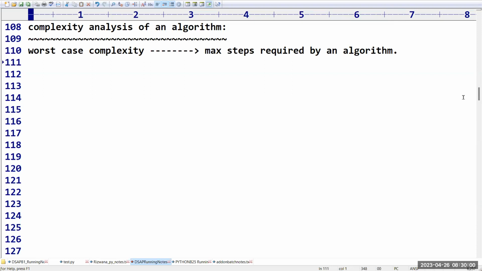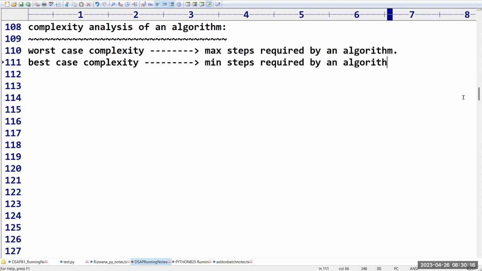Next, best case complexity. Best case means the minimum number of steps required by an algorithm. Similarly, we have average case complexity.